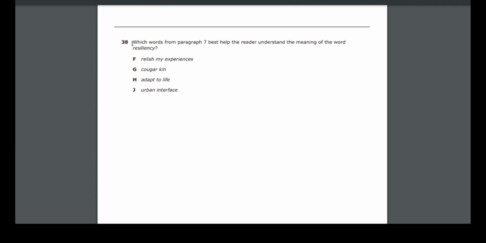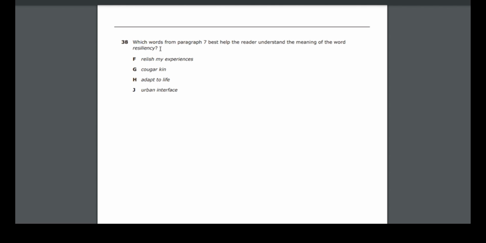Here, it says, which words from paragraph 7 best help the reader to understand the meaning of the word resiliency? We don't need to go read paragraph 7 at all. What we see here are our answer choices. So what does it mean to be resilient? You just go ahead and have the kids define this word.